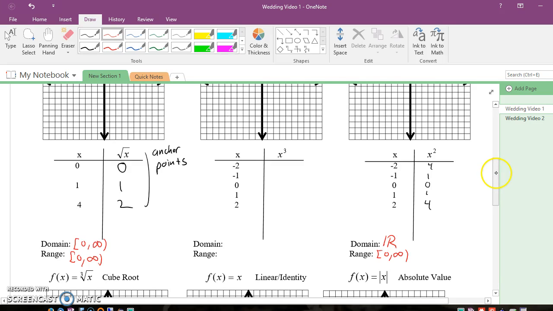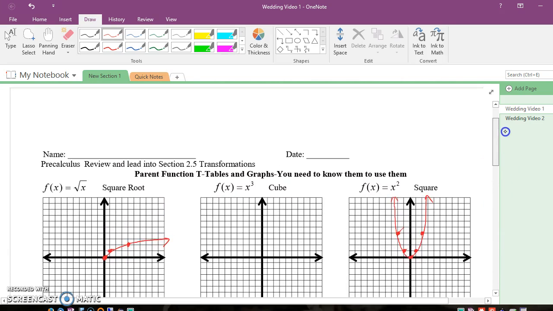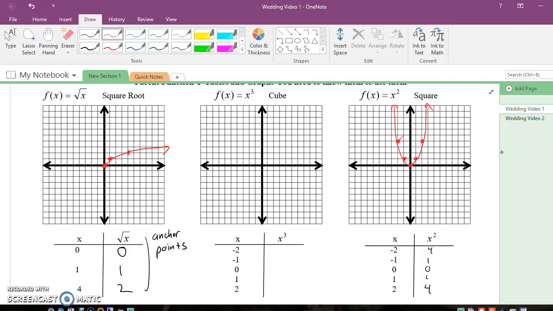I want you to wrap up the rest. Okay, now what you have to do here is you've got to know all of this. You've got to know what the parent functions are. You have to know what their shape is.